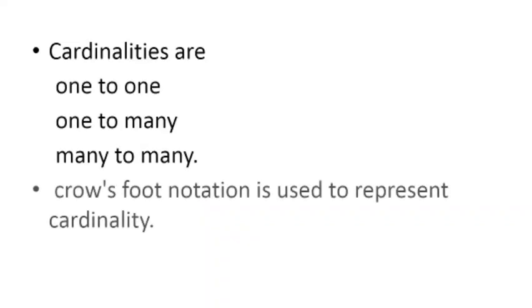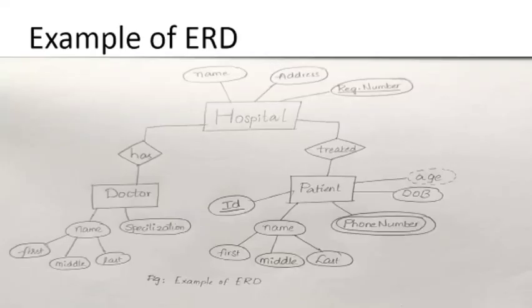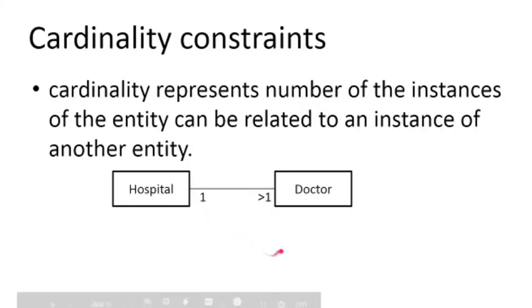Cardinalities are one to one, one to many, many to many, and it is denoted with the help of Crow's Foot notation also. Okay, we see here it is one to many. Suppose we have many hospitals and many doctors, then this goes to a many to many relationship.